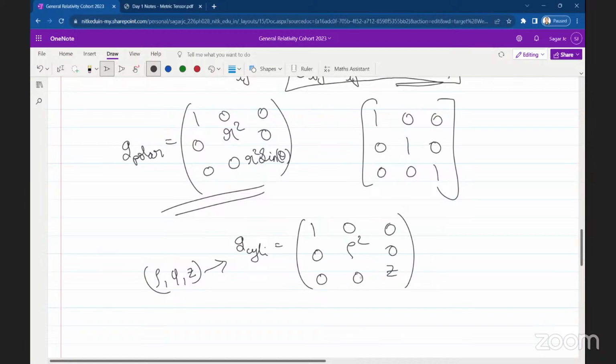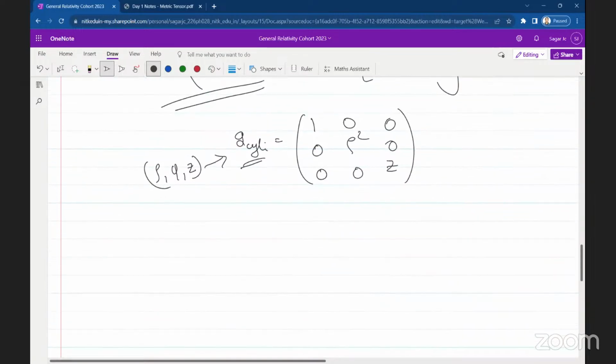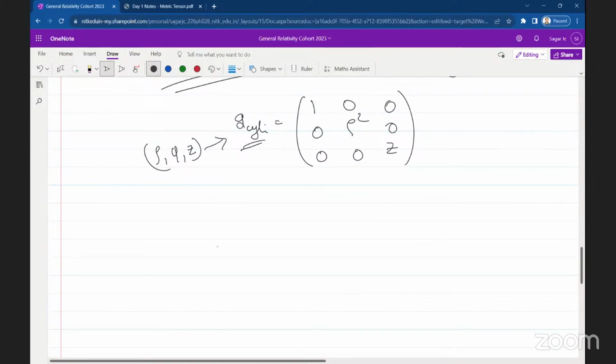If you go through the assignment, I have given an expression for how to calculate g, but I'll show you how that expression came. Basically, this dr vector can be described as some component in e1 plus some component in e2 and so on.